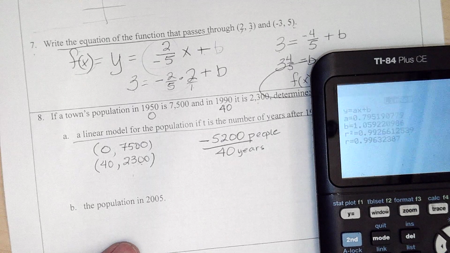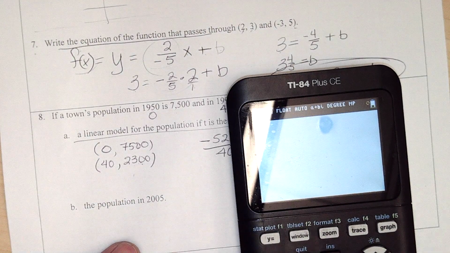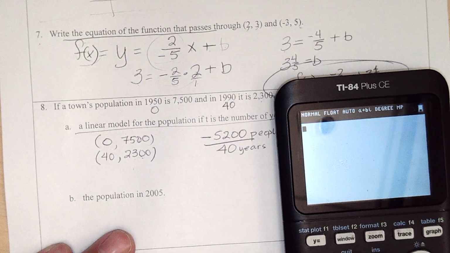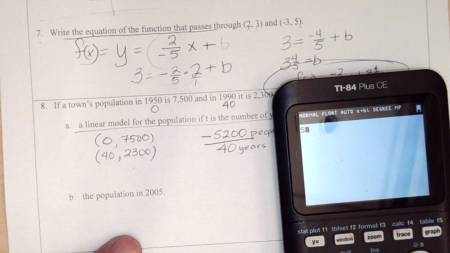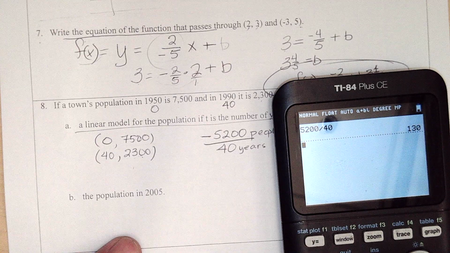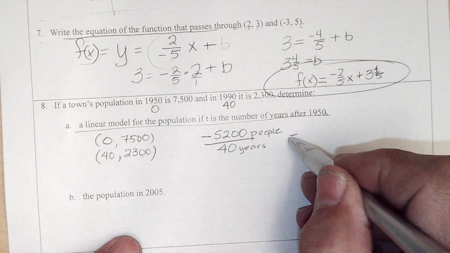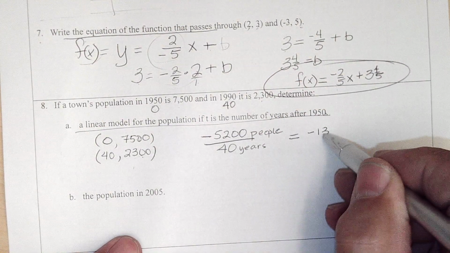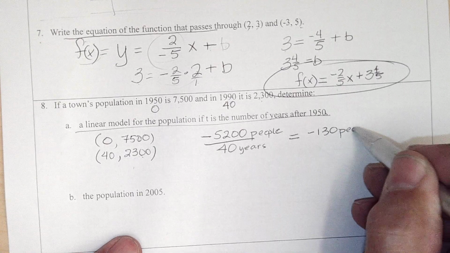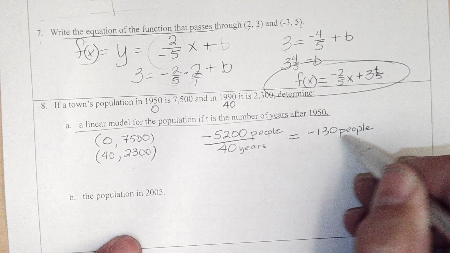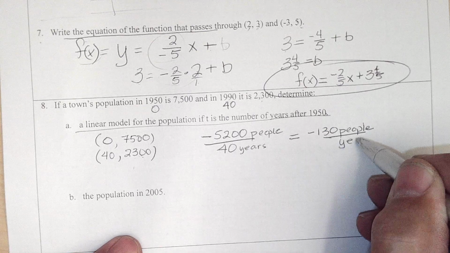So I can figure out what that is in decimal if you want. Let's see, 5,200 divided by 40, that is 130 people per year.